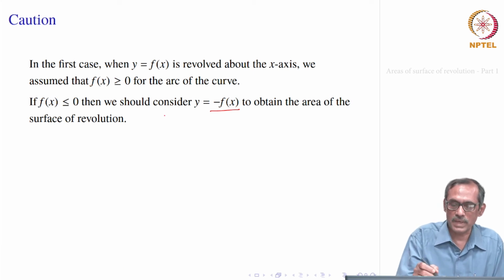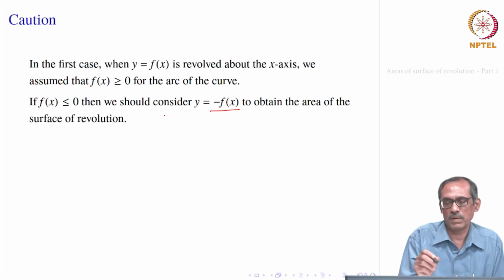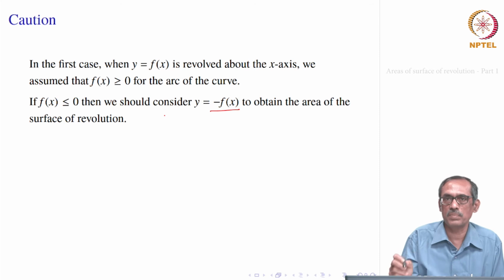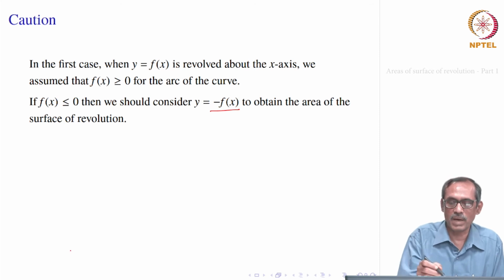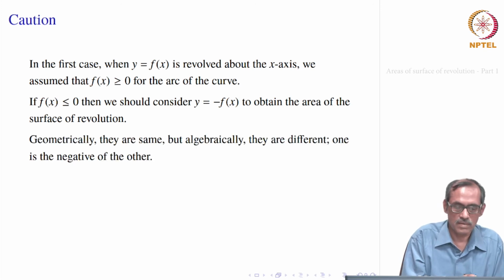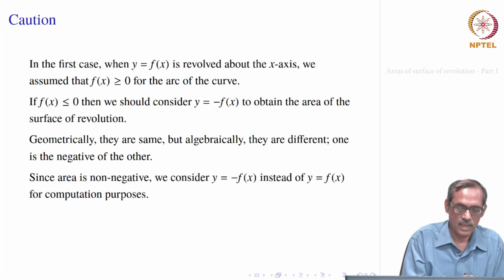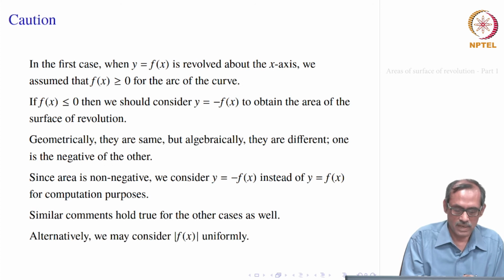If both the things happen, say in some subinterval a to c it is less than or equal to 0, and from c to b it is greater than or equal to 0, then we may have to compute both of them separately and then add them, to get the total area of surface of revolution. Okay. So, now let us see an example.